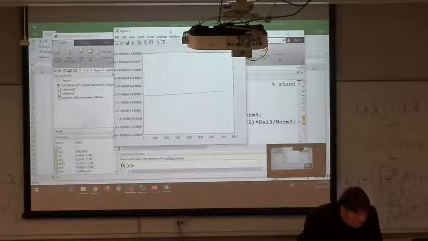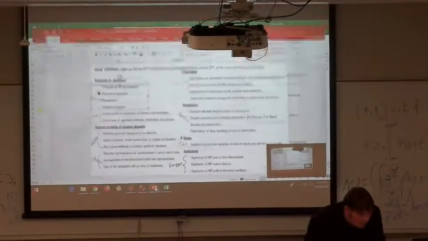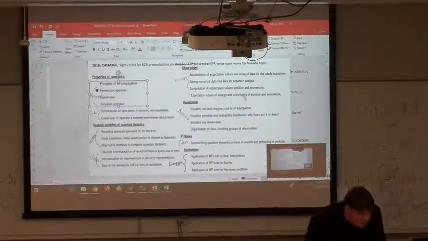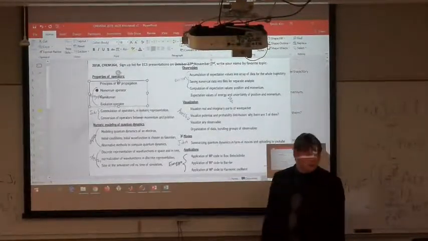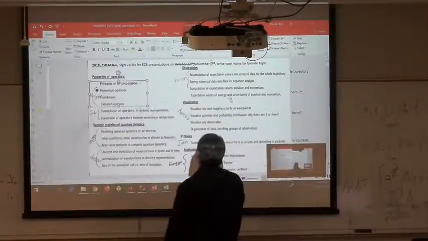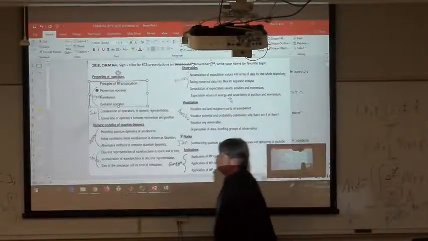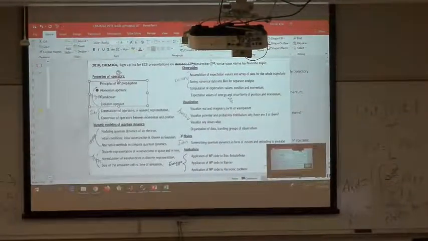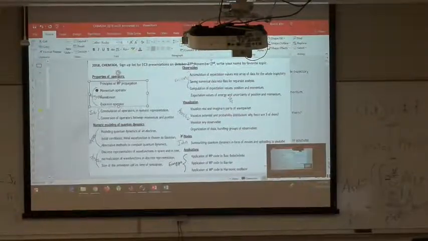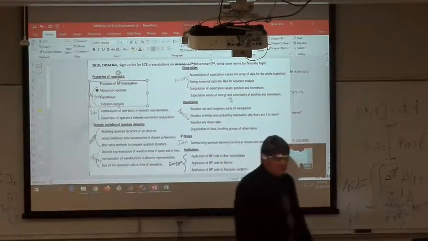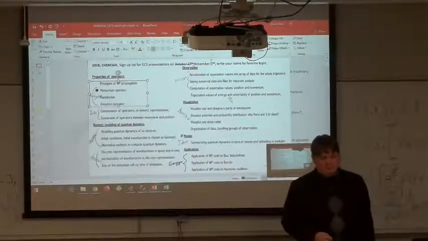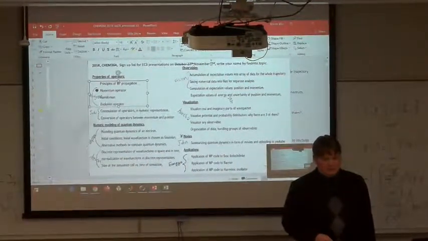What else? Expectation values of energy and uncertainty of position and momentum. So uncertainty of position we've done. Uncertainty of momentum will be doing the same thing but putting momentum in here, right? And you may invest a little time trying to find these variables.